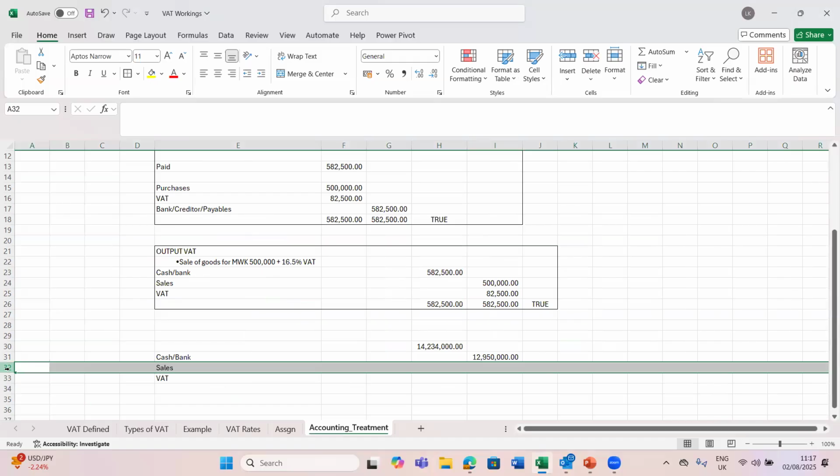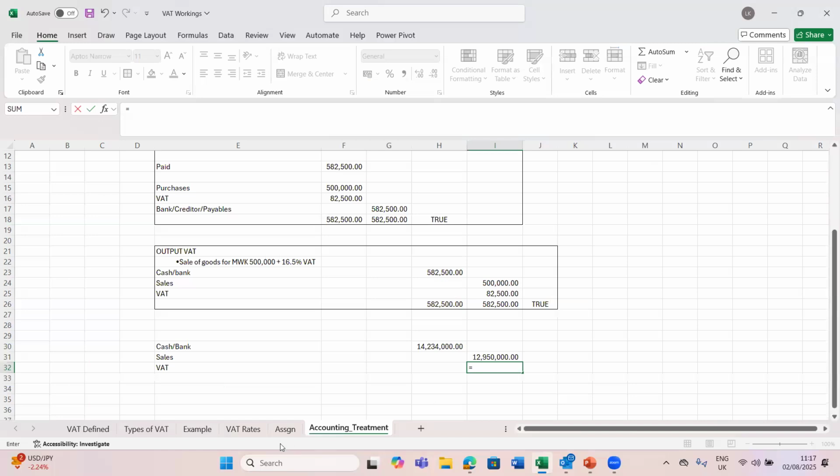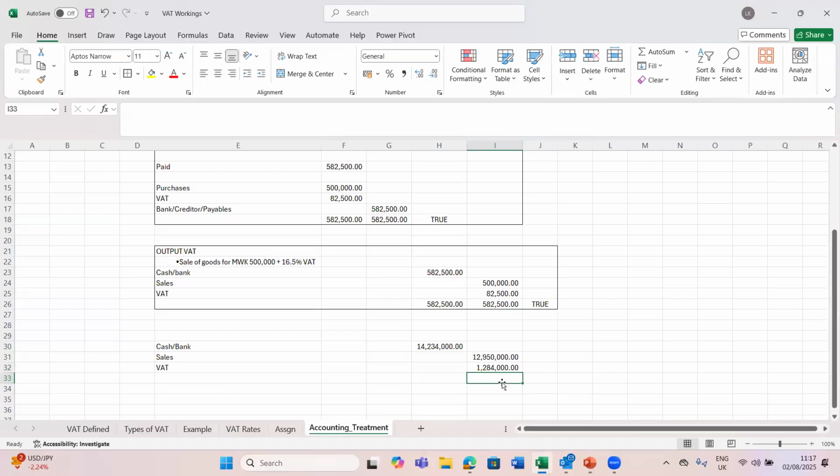Let me just push it up. This is supposed to be there. And how much is for VAT? So you go and select that one. That's the VAT. So let me add the debit side.